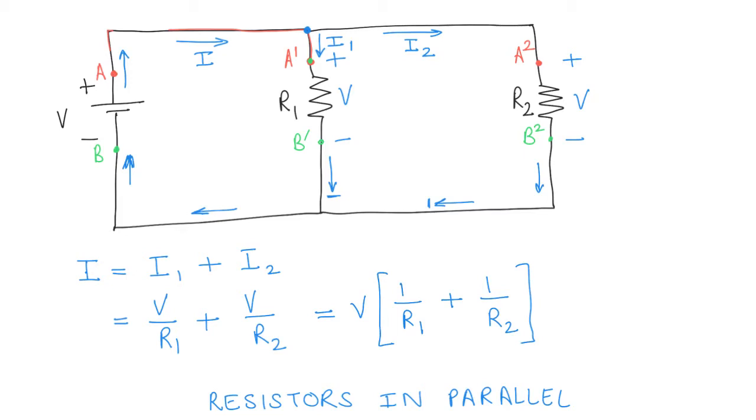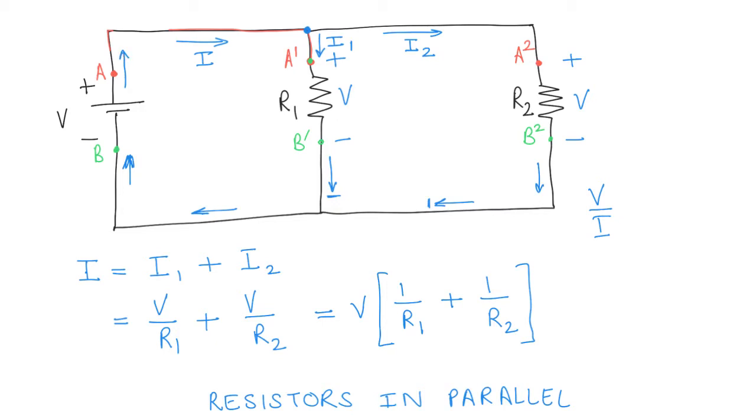Now if I just wanted to find out what the total resistance offered by the combination to this power supply is, that is, if you combine R1 and R2, what's the effect? I could find that out by finding V over I, right? Because V is the voltage of the power supply here, and I is the current that is going out.